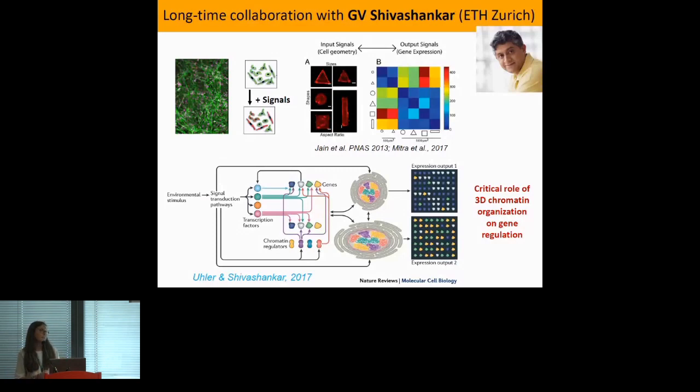So you'll get very different co-regulation patterns and gene expression patterns. That has motivated a lot of our work together of coming up with a computational framework of gene regulation, where this 3D chromatin organization is an intermediary that is really important to understand how mechanical constraints on cells can give rise to very different gene expression programs. And this is really causal.